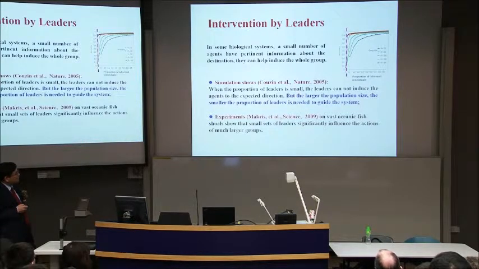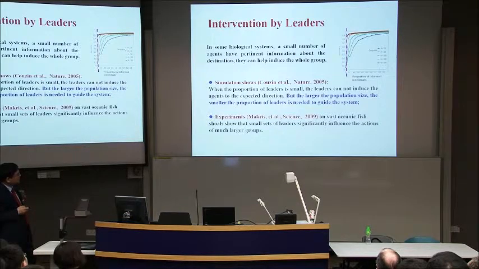However, when you increase the proportion of the leaders, things will be different. You will also see that the larger the population size, the smaller the proportion of leaders needed to guide the system.